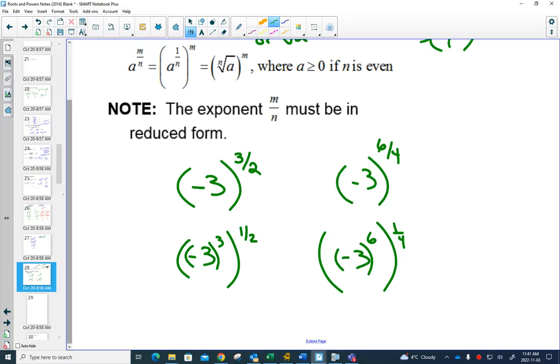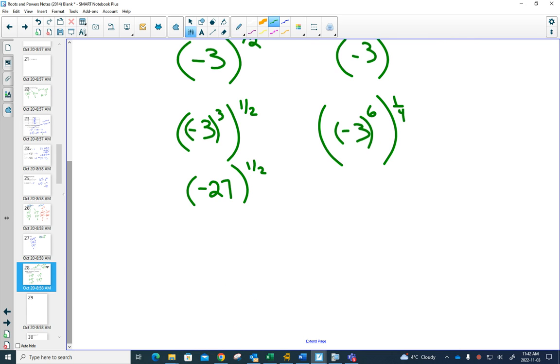I multiply my exponents, that works. If I simplify inside, -3 times -3 times -3 is -27 to the 1/2. And if I simplify this one, what is -3 times -3 times -3 times -3 times -3 times -3? Positive 729.